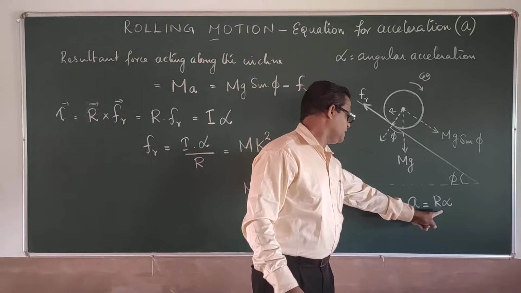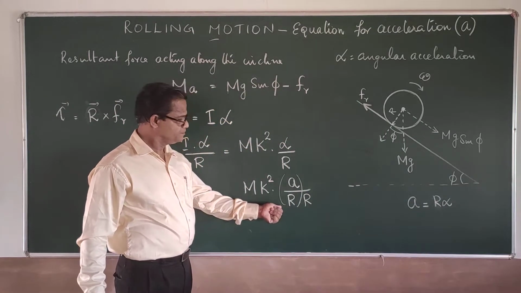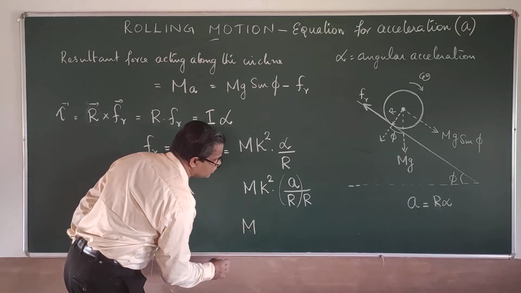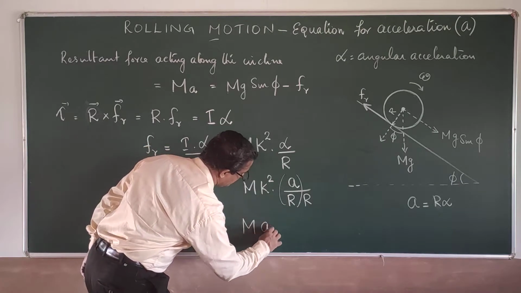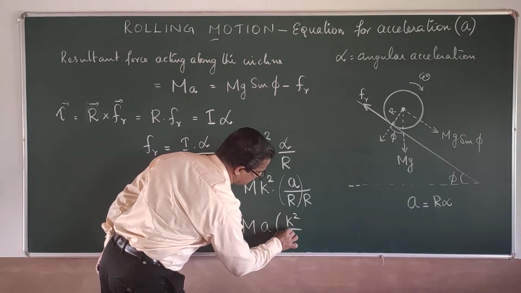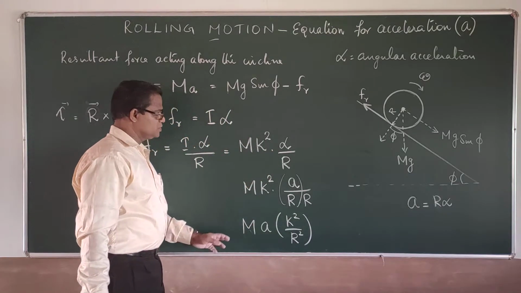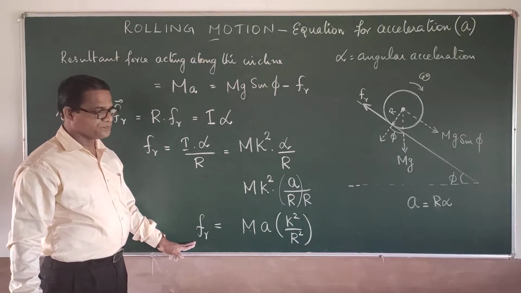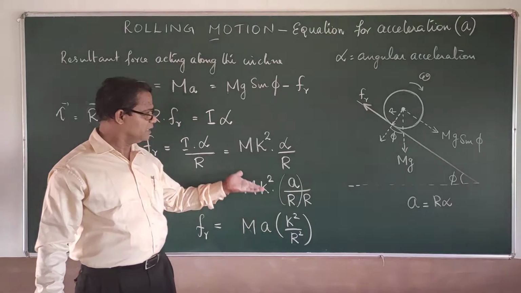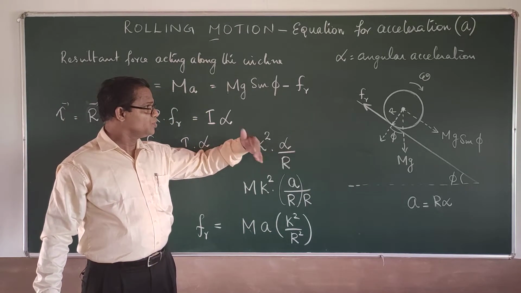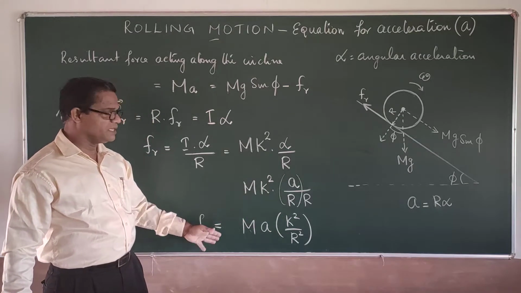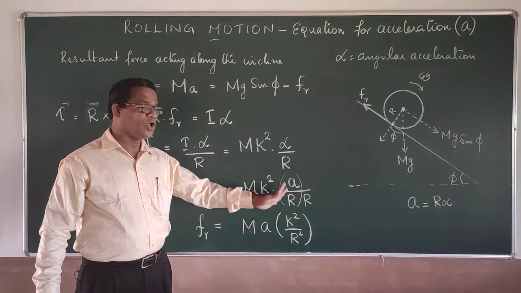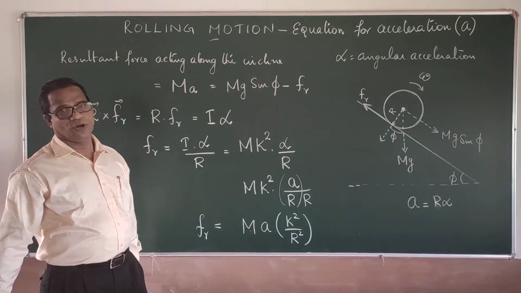And out of this I can take alpha equal to a by R. So R into R square it comes, and therefore I can write this to be equal to m into a into k square by R square. So this is what you are getting as the force of friction. I brought the moment of inertia and angular acceleration, everything into this, and I am getting the equation finally in terms of linear acceleration along with the radius of gyration of the body.